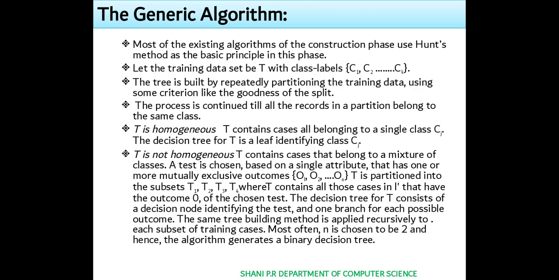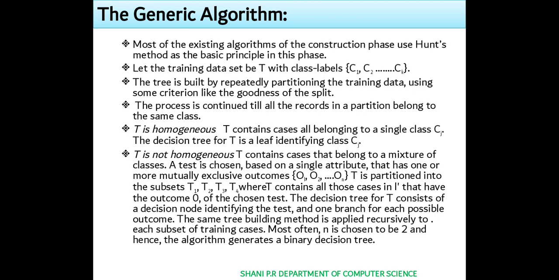So when we consider the training data set, we may split the data set into a number of elements, and we will try to find out only the one result, the chosen test, that is either yes or no. Okay, so the outcome 0 is a no. The decision tree for T consists of a decision node identifying the test and one branch for each possible outcome.